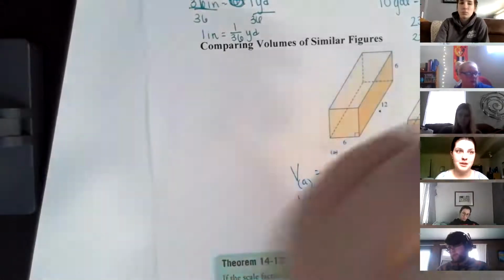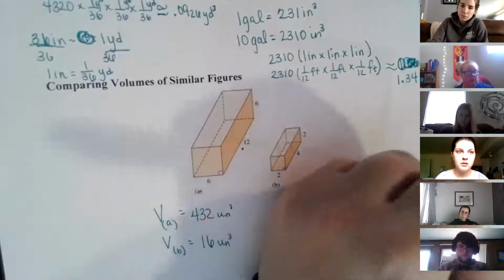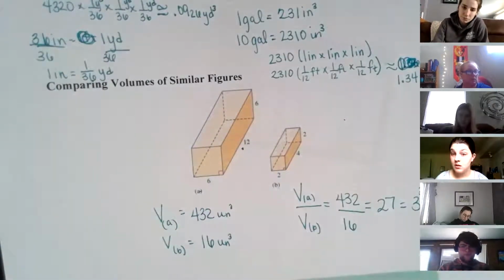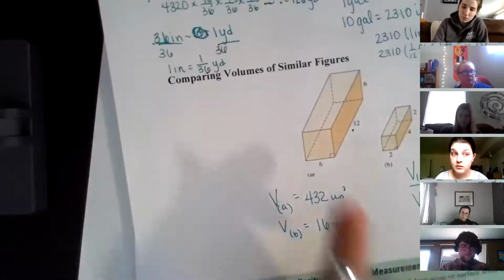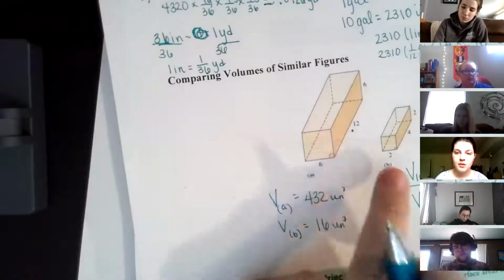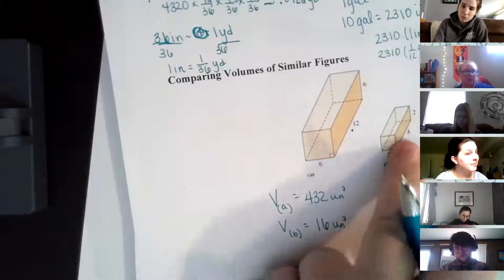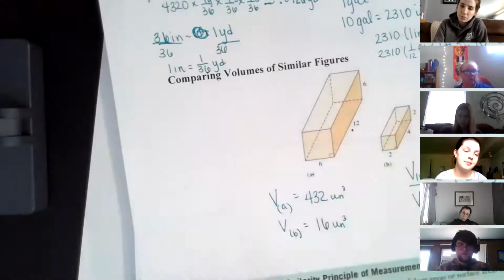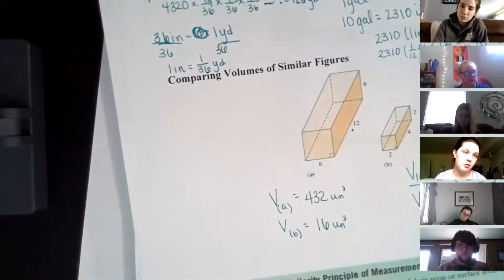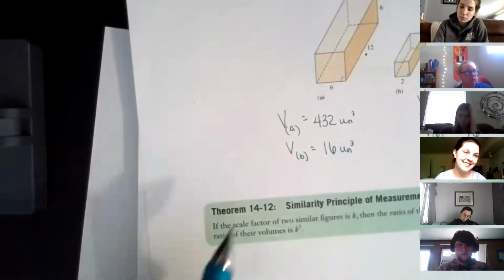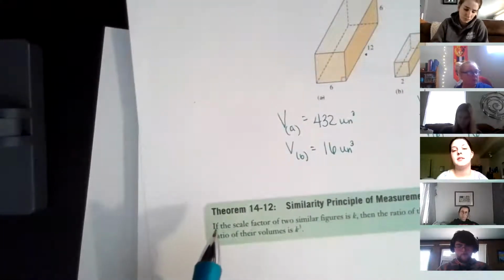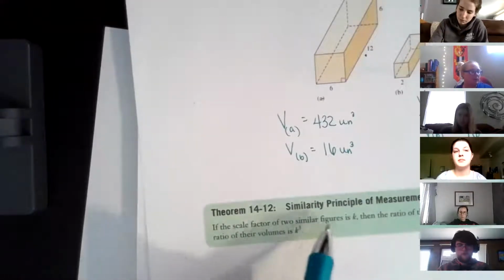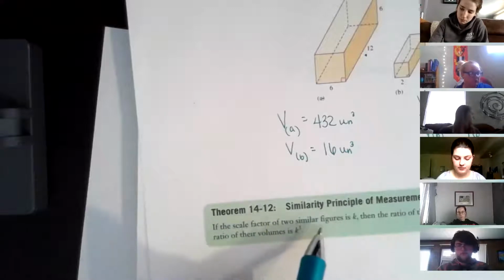You know what that means. Which is 3 cubed, which is what I get when I multiply this guy by 3, multiply that guy by 3, and multiply that guy by 3. That'll give me the volume. So just like what we showed when we were talking about similar figures in the previous chapters, the scale factor for two similar figures is k.